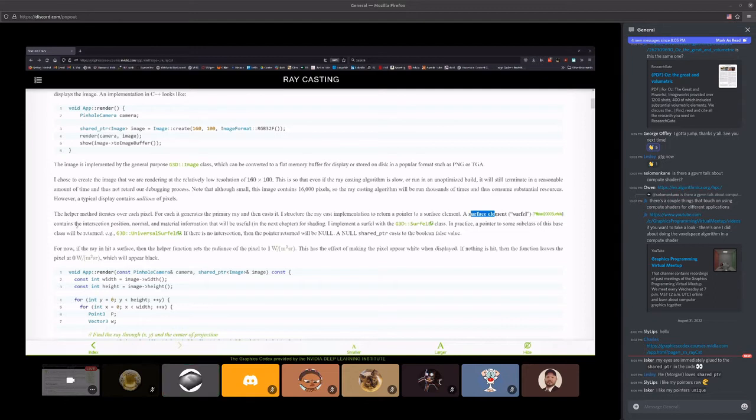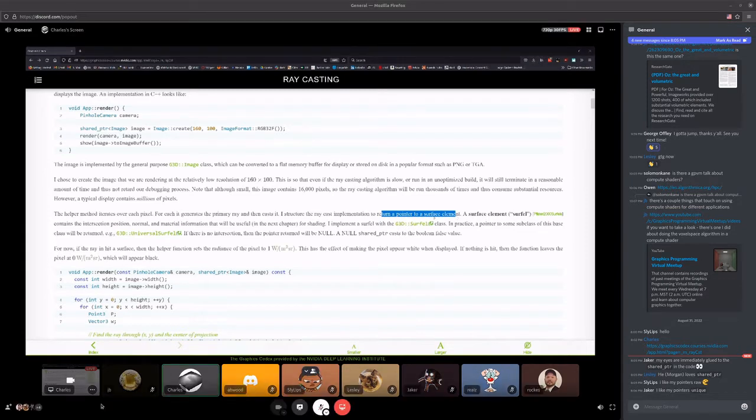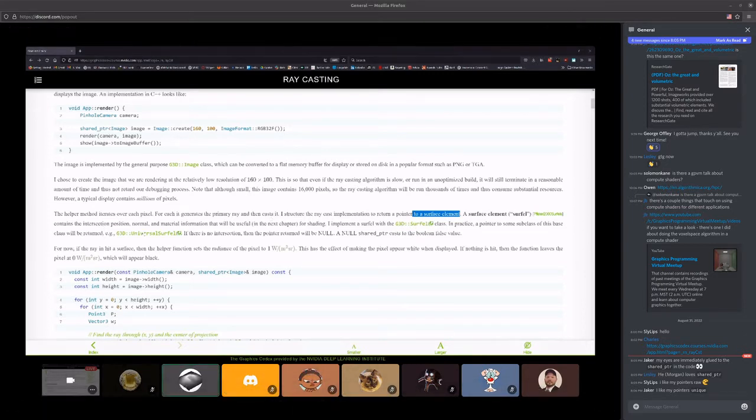A surface element contains the intersection position, normal, and material information that will be useful. So a pointer to the surface element. When we do a raycast, we get a surfel back, or null if we didn't hit anything. Universal surfel for the base class.